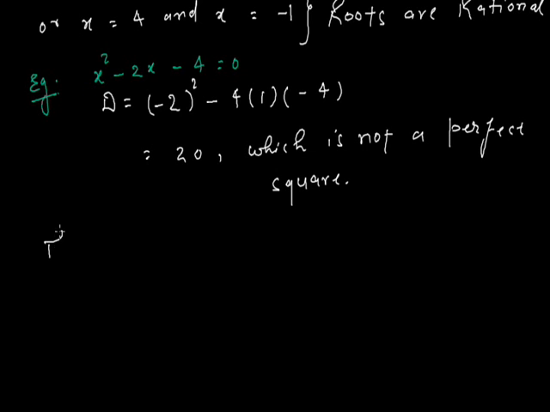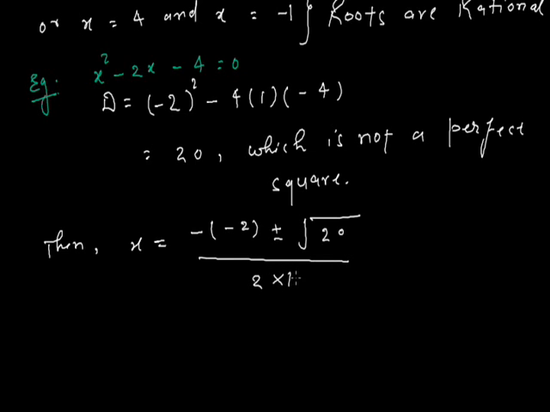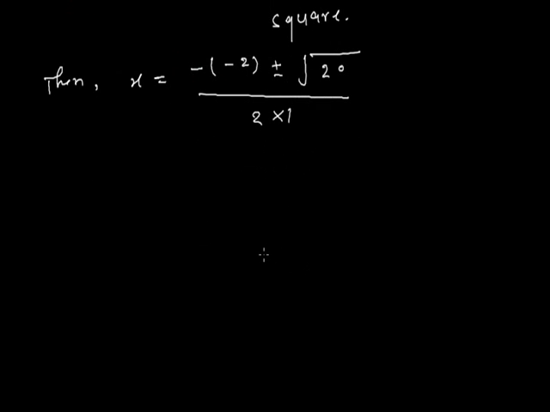Then the roots are x equal to 2 plus minus root 20 upon 2, which gives 2 plus minus 2 root 5 upon 2, equal to 1 plus minus root 5.